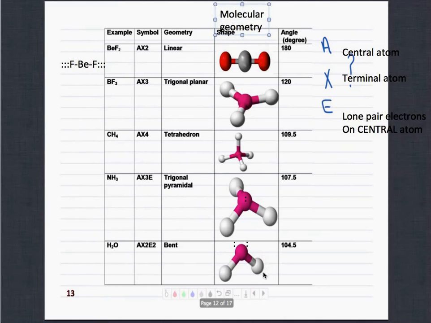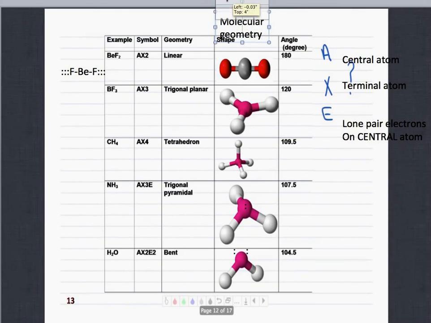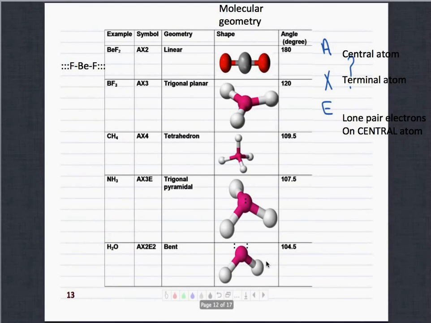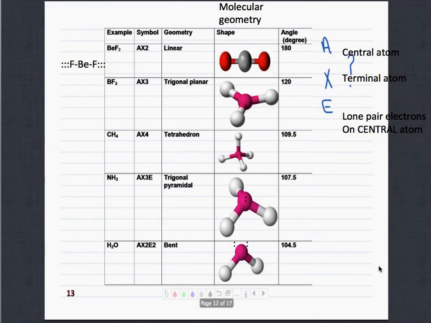So let's go one further. What about the water? Let's check water. This is the Lewis structure of water that we did earlier. So its VSEPR model is AX2E2. We have 2 lone pairs residing on the central atom and 2 terminal atoms. So mainly, if we look at it, it's coming from 2 plus 2, so it's coming from AX4, from the tetrahedron.